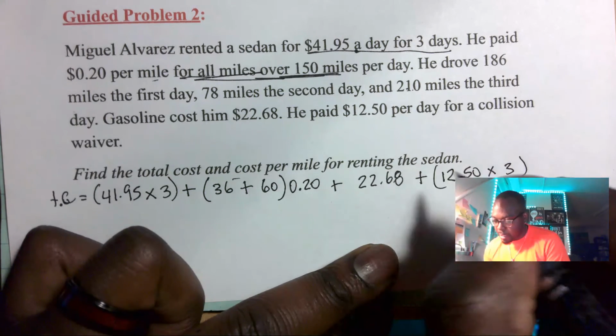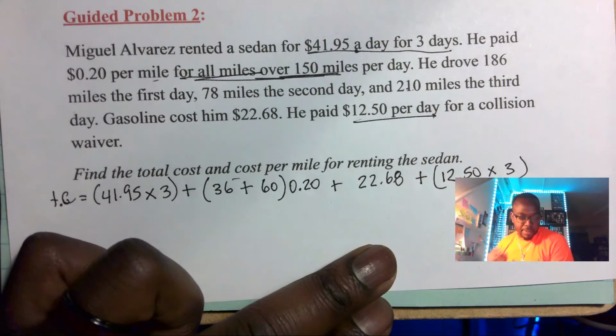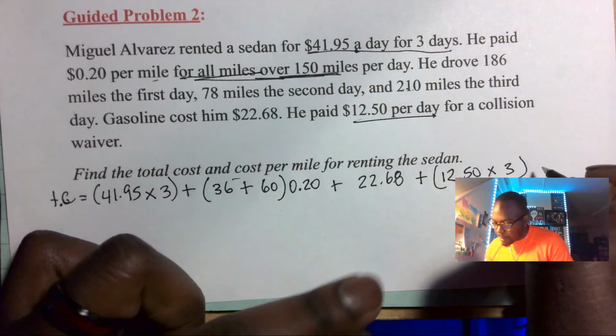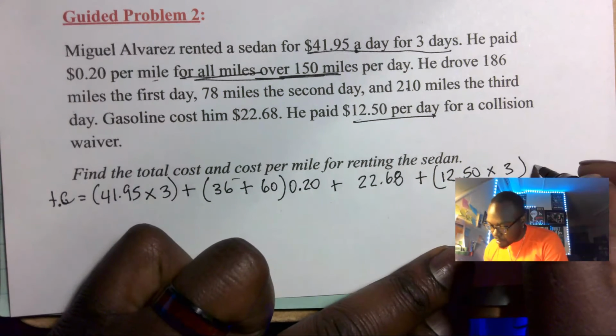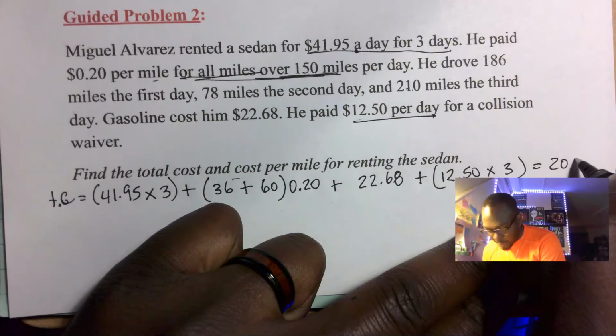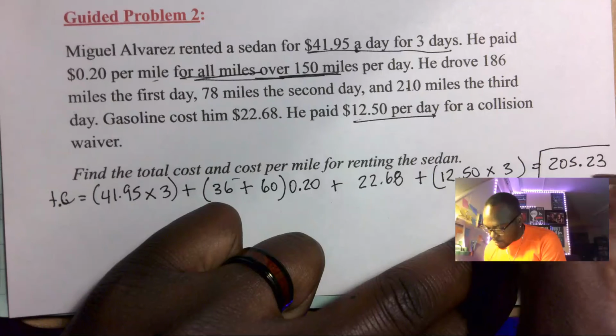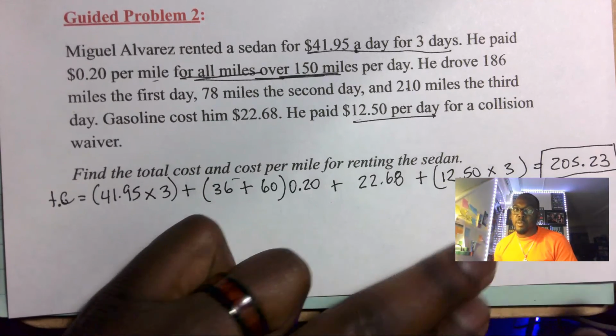He pays that per day. So if I add all of these numbers together, it gives me a total of 205.23. So my total cost is 205.23.